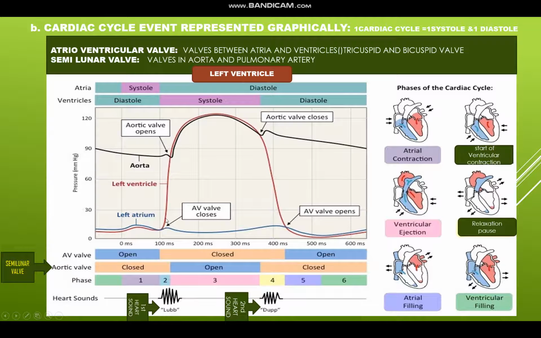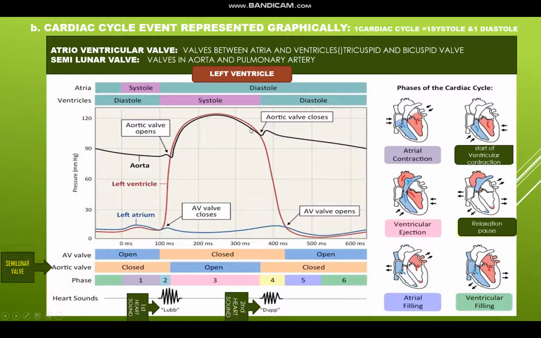Once blood is entering the left ventricle, the pressure increases in the left ventricle, and once it is filled, the ventricle is going to contract and pour its contents into the aorta. Here you can see that when it is contracting, it pours its contents into the aorta.